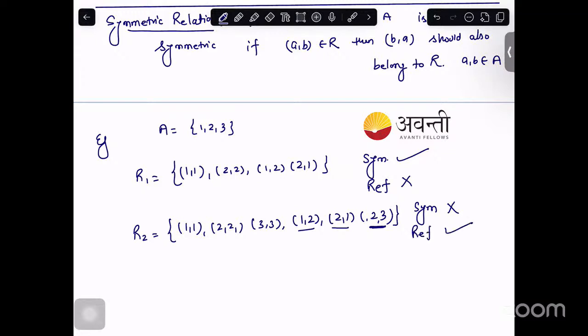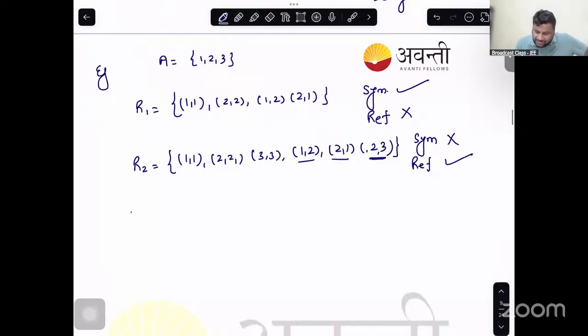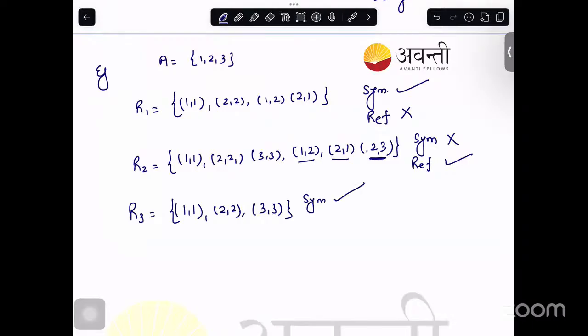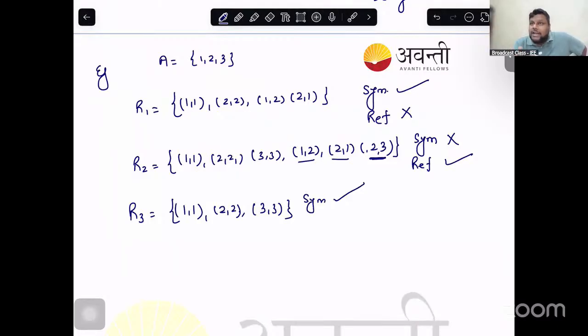If I write R3, that is {(1, 1), (2, 2), (3, 3)}. Now tell me, is it symmetric? Yes, very good. Because if (1, 2) is there, I will look for (2, 1). If (2, 3) is there, I look for (3, 2).